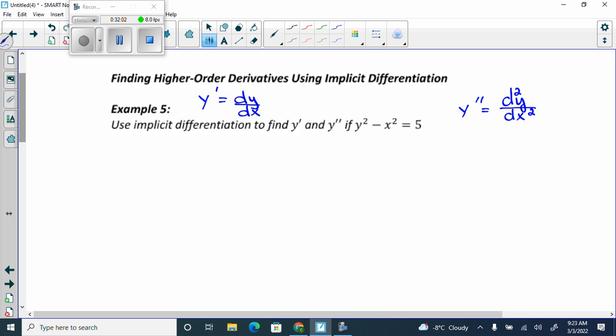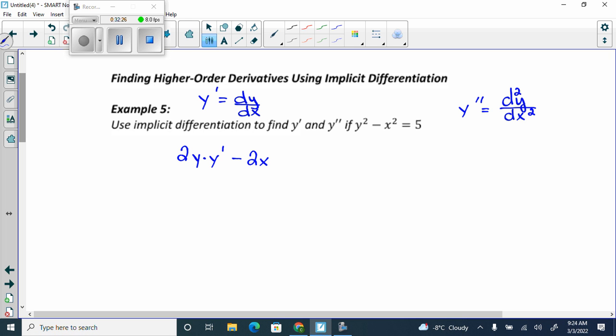So, the derivative of y squared is 2y times dy over dx, but I'm going to write y prime, because it's the same thing. And then minus x squared is minus 2x, and technically it would be dx over dx, so that's why I did that form first, because when you see dx over dx, it makes more sense.